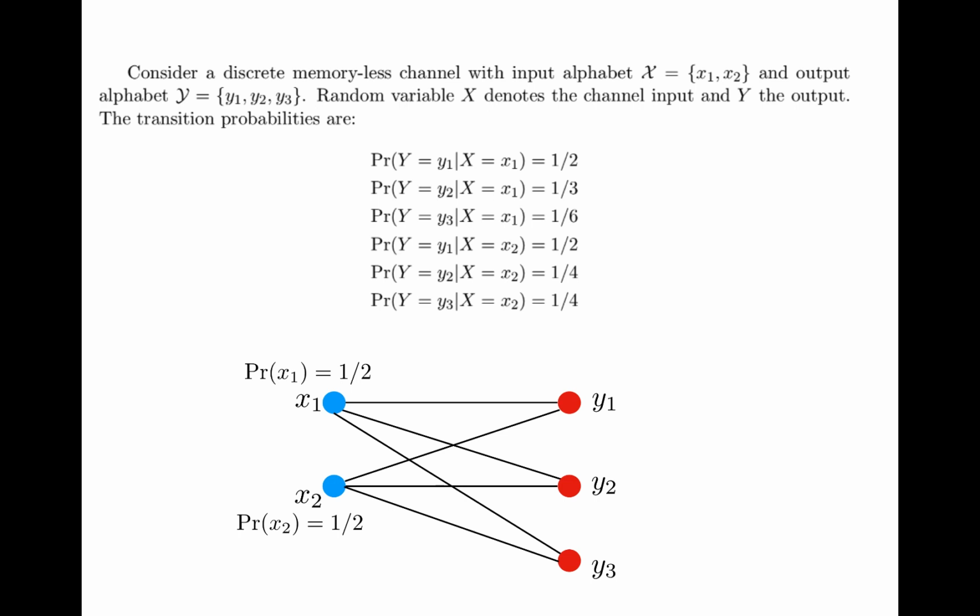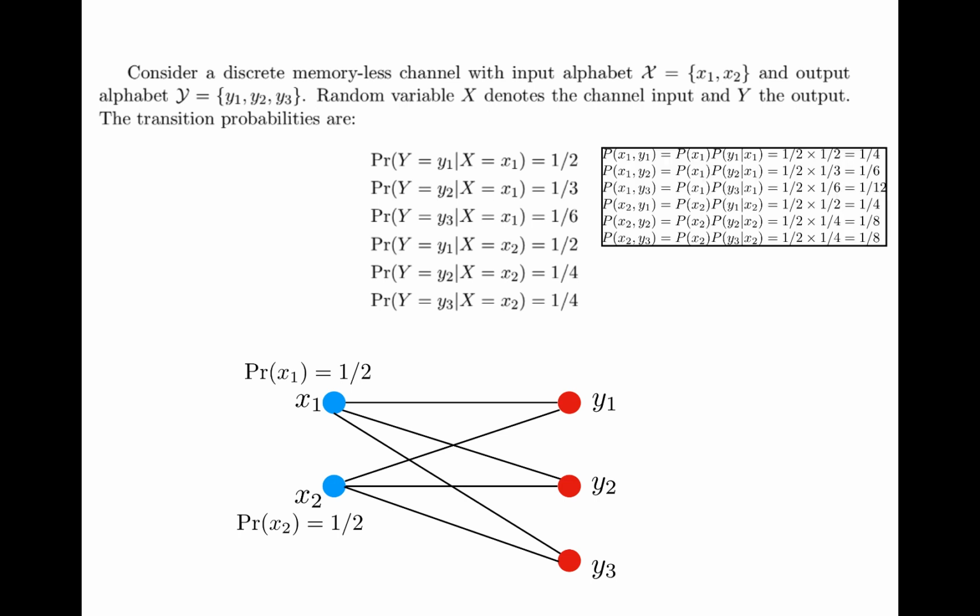So now let's say I want to calculate all the joint probabilities: probability of x1 comma y1, probability of x1 comma y2, probability of x1 comma y3, probability of x2 comma y1, probability of x2 comma y2, and probability of x2 comma y3. Then we can easily calculate those from the given information that we have. So we can write that probability of x1 comma y1 is equal to probability of x1 times the probability of y1 given x1.